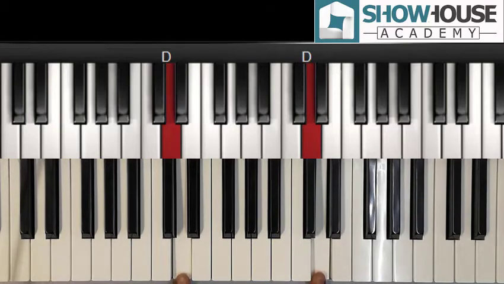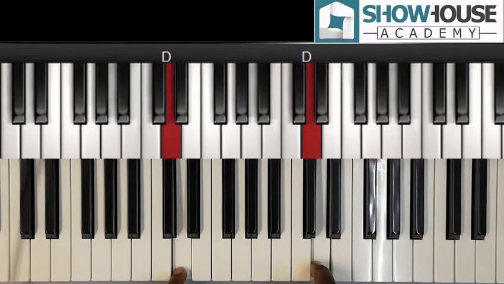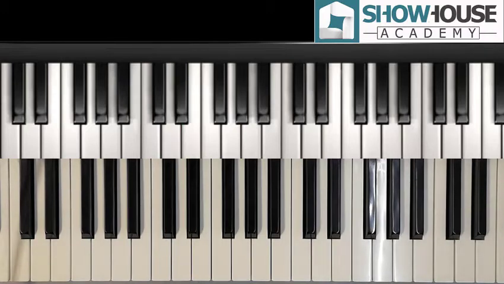Don't forget that. So we are going to do the D major scale, starting from D and ending on D, using our formula.